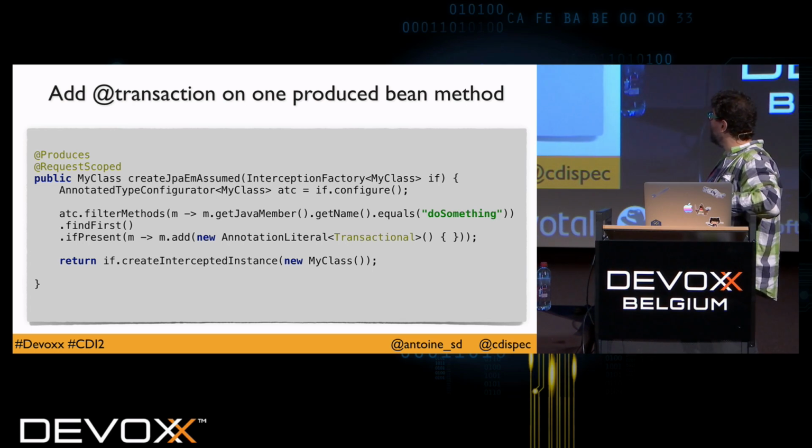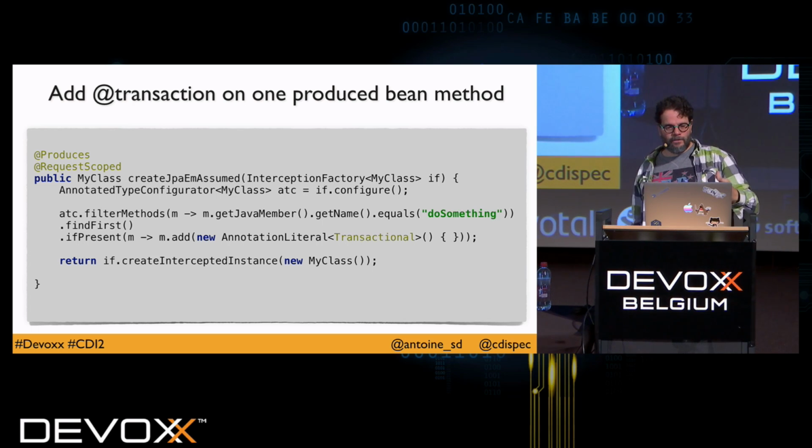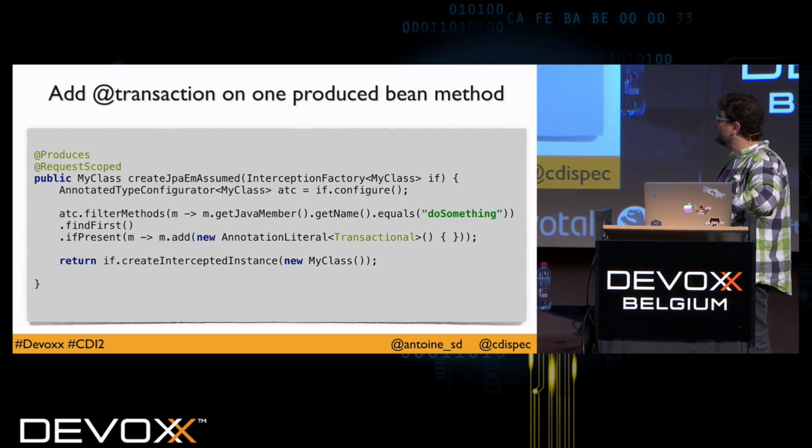So here I have a method called doSomething. Sorry, I have to show it on the screen with my pointer. I find this method. On this method, I add the @Transactional annotation. And the result here, I'm returning an instance that will use this annotated type, and it will be an instance of my class object.